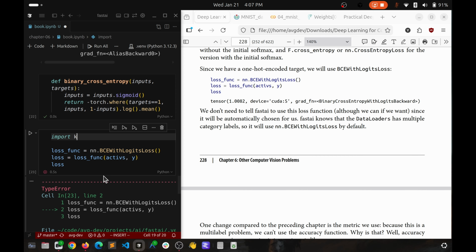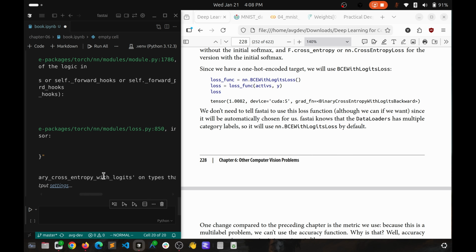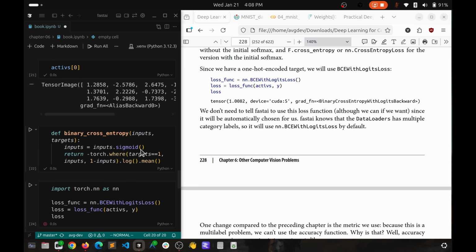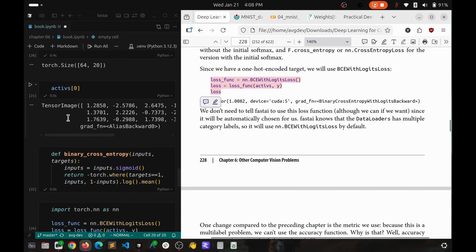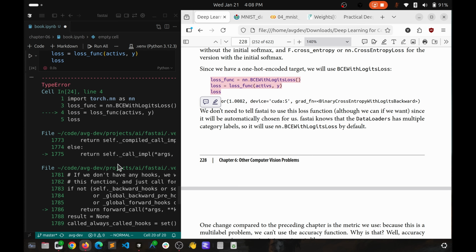Let's see, import torch.nn as nn? No. Activations is here. Okay, let's just look it up. What is the error? Type error, loss func, activations, y.